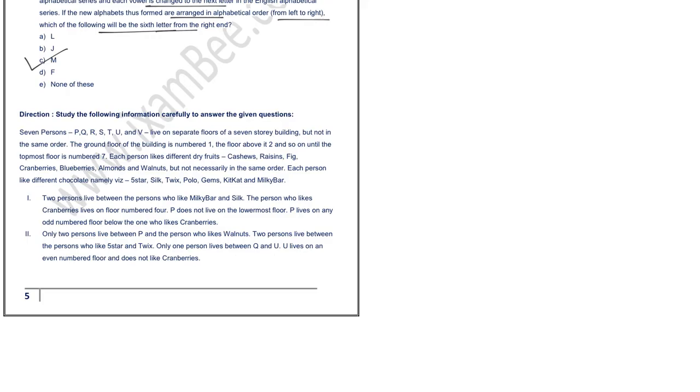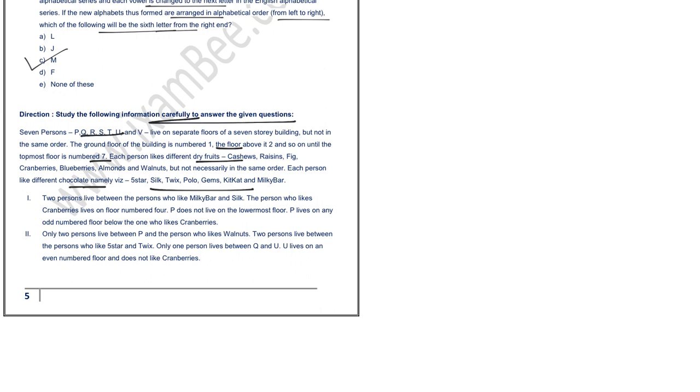So in the next question, a puzzle is given to you. You have to read the information given to you very carefully, and you have to answer the question asked on the basis of this puzzle. So 7 persons live on 7 separate floors from number 1 up till 7, right? And each person likes different dry fruits. Names are given to you, and they also like different chocolates.